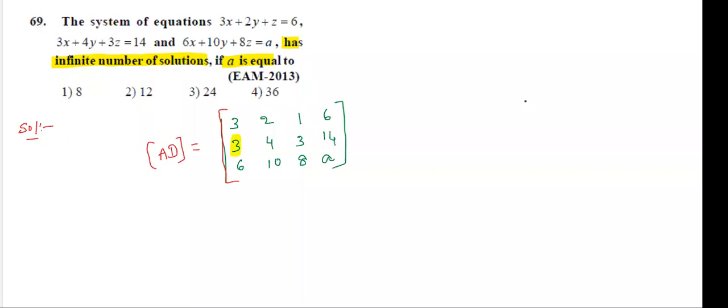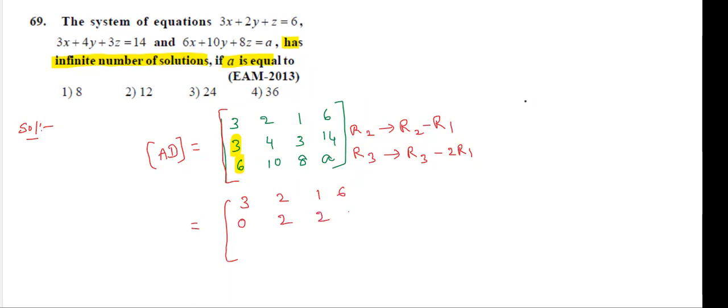Now we need to make these two elements 0 first, by using row operations. See here, R2 minus R1, and R3 minus 2R1. So I am going to write directly 3 2 1 6. Do that. R2 minus R1: 3 minus 3 is 0, 4 minus 2 is 2, 3 minus 1 is 2, 14 minus 6 is 8.